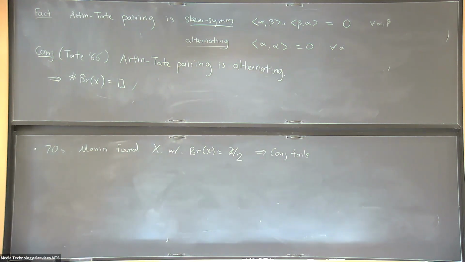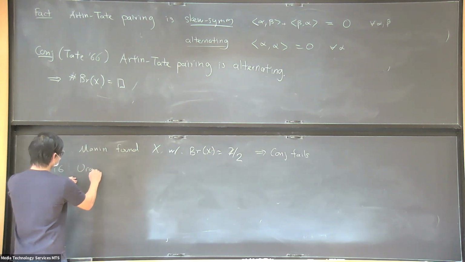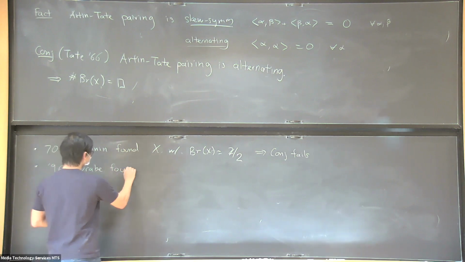But it took a few more years, when in '96, Frobenius found mistakes in this computation.